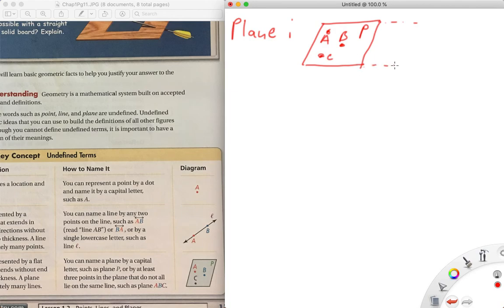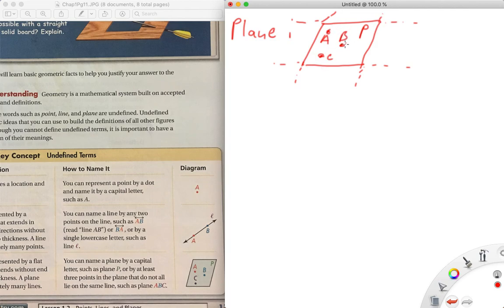It goes off in two opposite directions, either left or right, or up or down. And it is comprised of many, many lines, infinitely many lines, and those lines are comprised of many, many, many points. There are a lot of ways to label a plane.